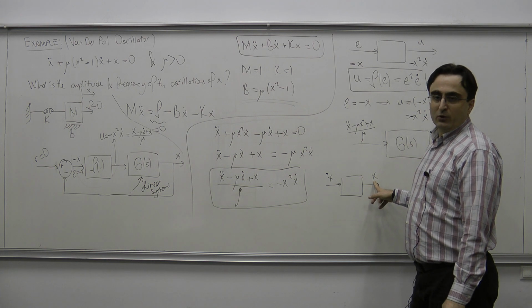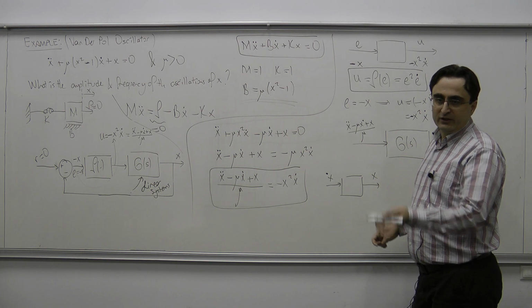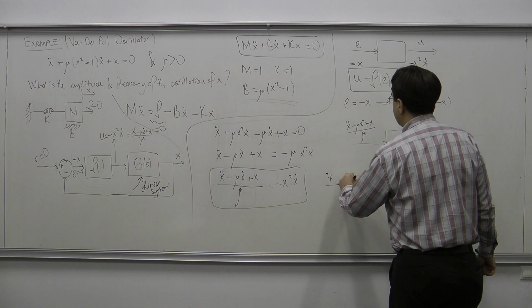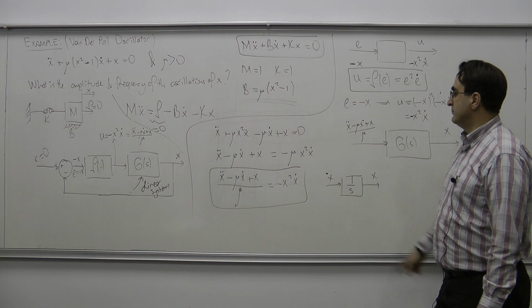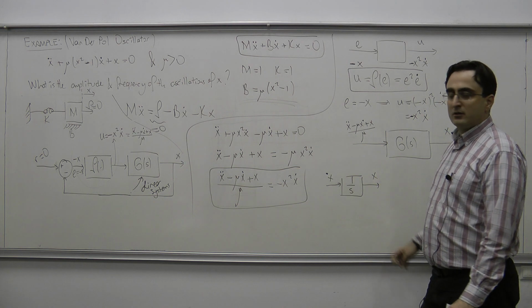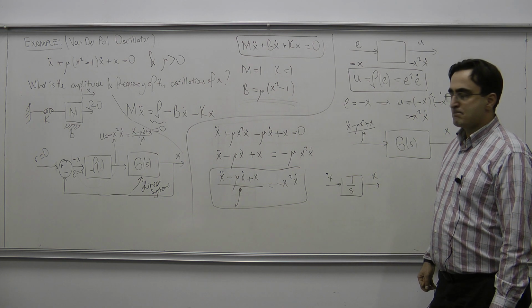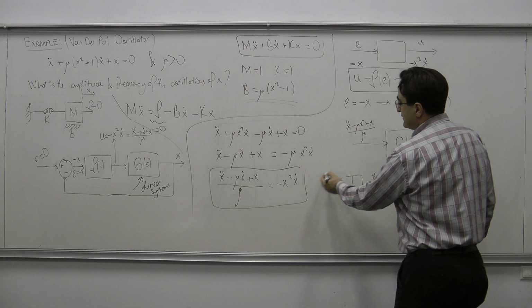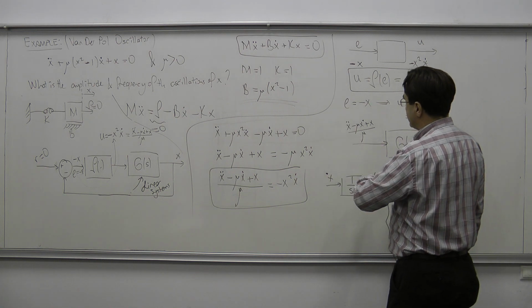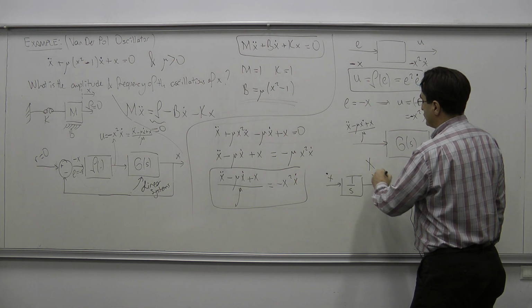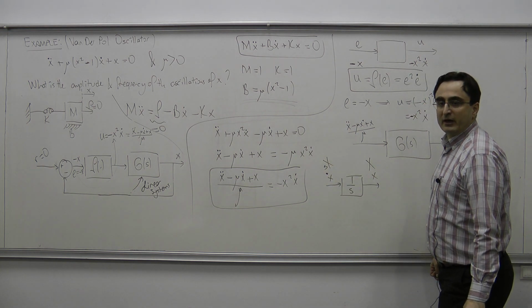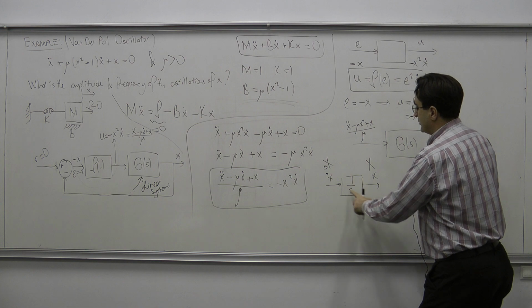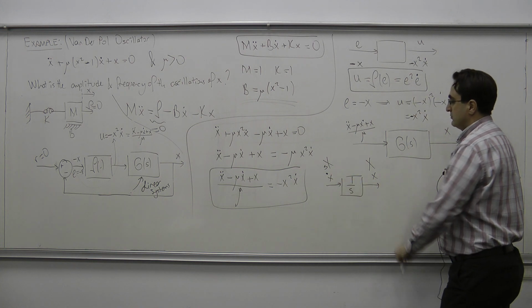And in order to be able to find x, you need to integrate. Okay? So here I would have 1 over s, the integrator system, would convert x dot into x. Okay? But x dot is nothing but s times capital X. In Laplace domain, this is capital X. In Laplace domain, this is s times x. So that means that I need 1 over s to convert x dot to x.